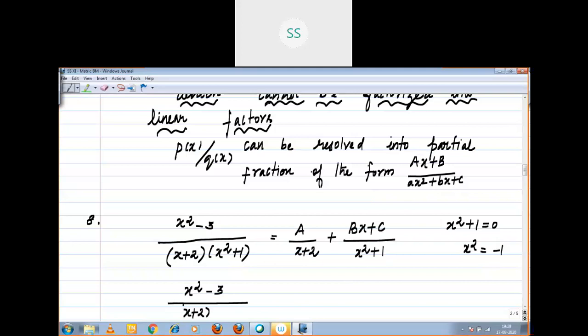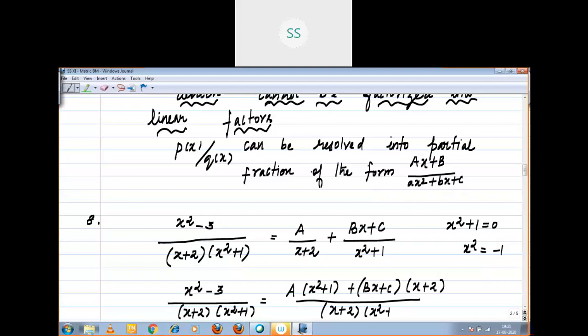X square minus 3 equal to a into x square plus 1 plus bx plus c into x plus 2, divided by x plus 2 into x square plus 1.